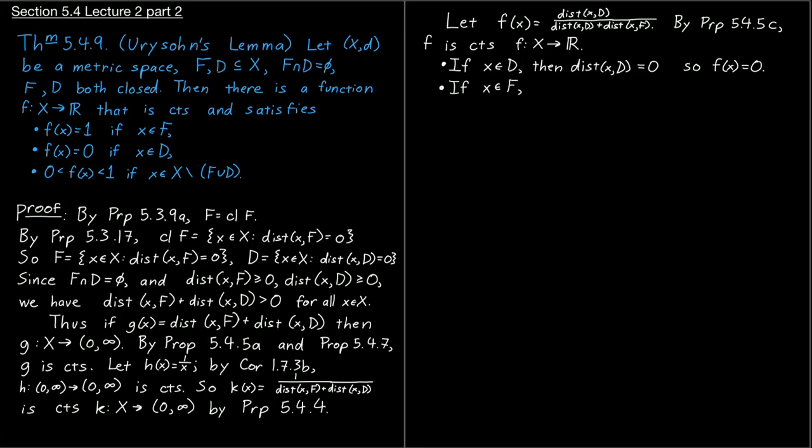If x is in F, then the distance from x to F is 0. The distance from x to D, well, it doesn't matter really what it is, but we saw before it was positive. So f of x is this distance divided by itself, which must be 1.